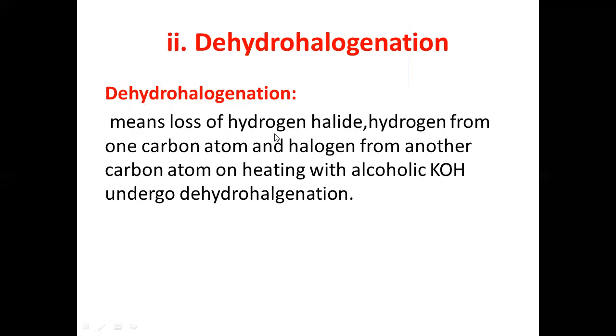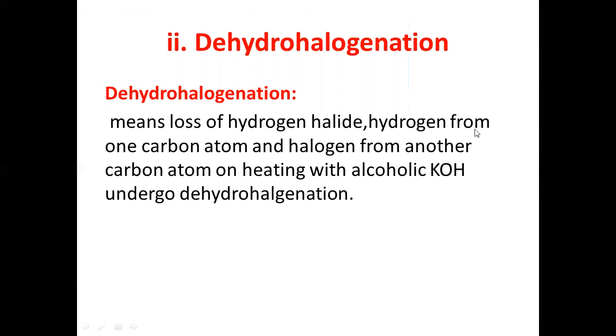It means hydrogen from one carbon atom, and halide ion, meaning any element from group number 7 which has a negative charge, like fluoride, chloride, bromide, iodide, will be removed from the second carbon atom, and then, as in the previous case, the 2 carbon atoms will form a double bond.